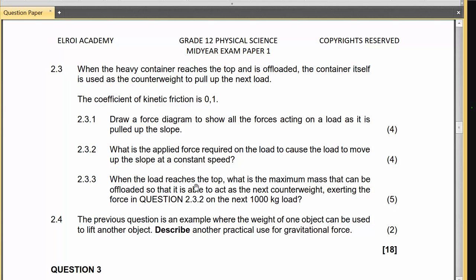Okay, so when the load reaches the top, what is the maximum mass that can be offloaded so that it's able to act as the counterweight, exerting the force in question 2.3.2 on the next 1,000 kilogram load?